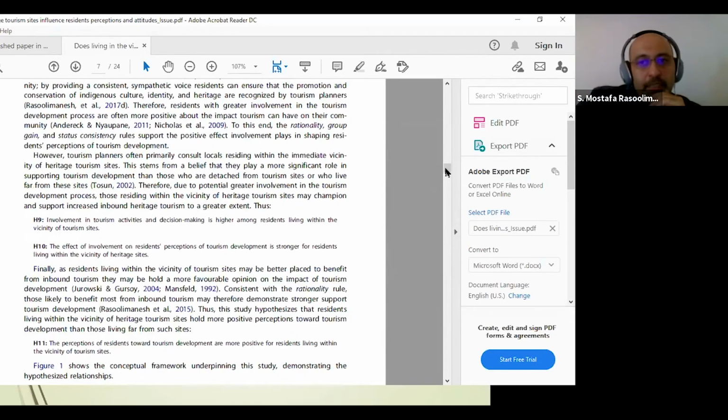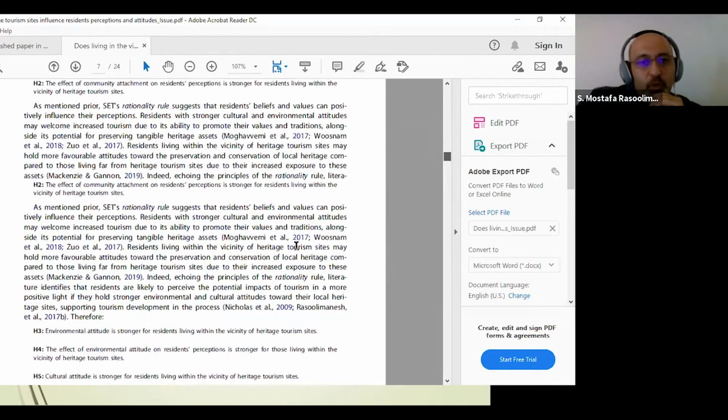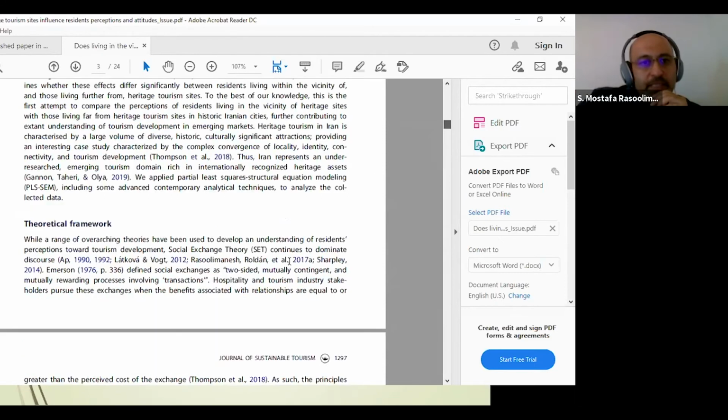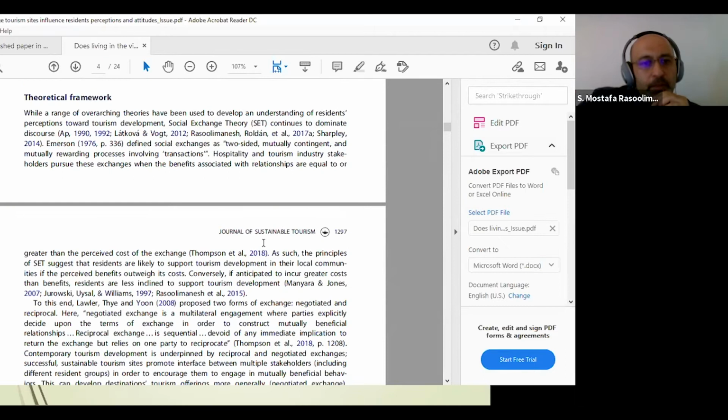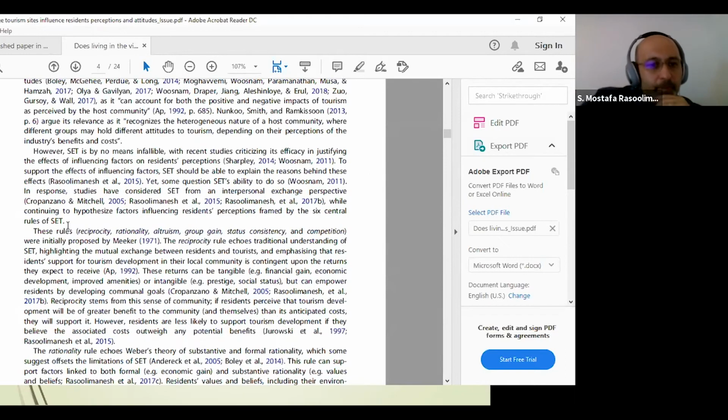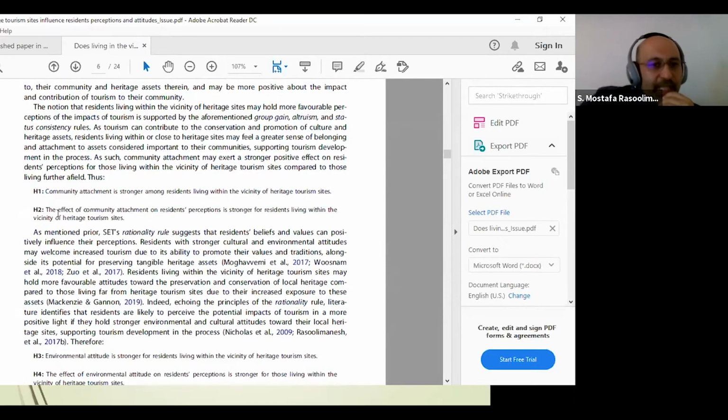So here you can see the hypothesis for this relationship. Okay, community attachment: the effect of community attachment on resident perception. So the effect of X on Y is stronger for residents living within the vicinity of a heritage tourism site.